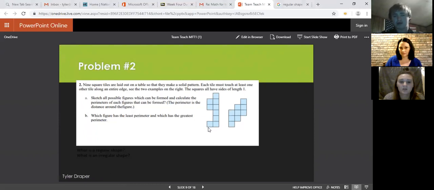If we look at one of these squares, a square has 4 right angles, and the length will each be 1 on each side. However, when we look at the shape to the left here, we see that there are different angles when it's irregular. So irregular shapes do not have the same perimeter, and they have different angles. In a square, all 4 angles will be 90, and as we move up, the angles will increase.